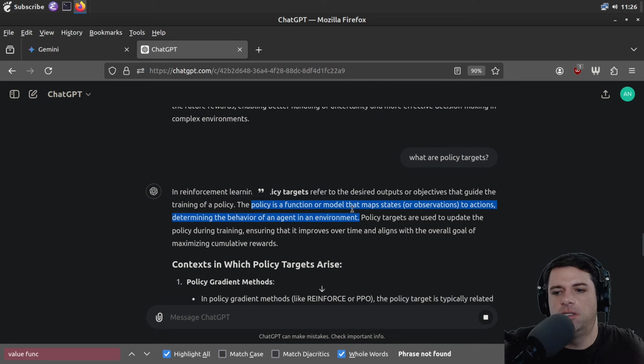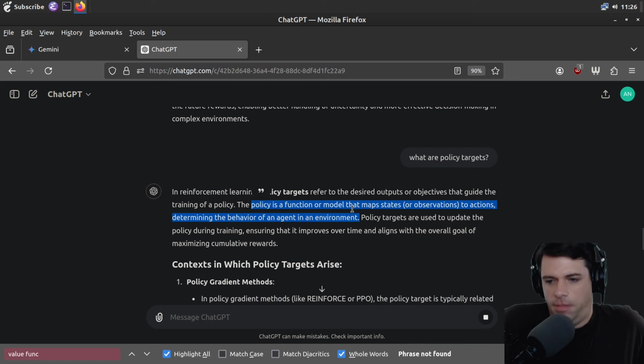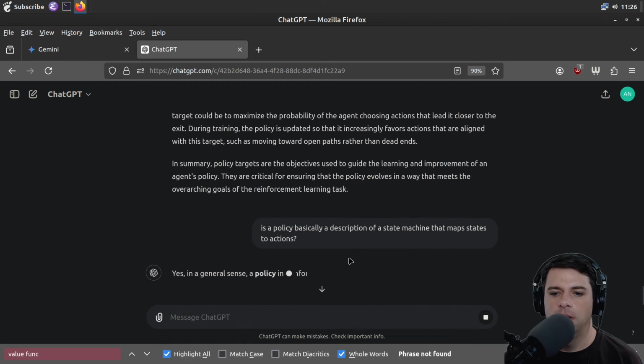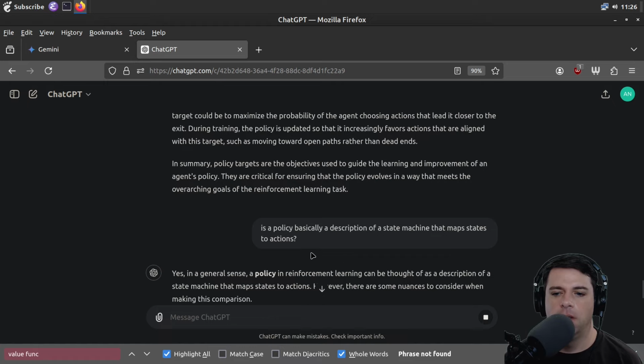So it's like the transition. It's like the state machine. So is a policy basically a state machine that maps states to actions? Okay.